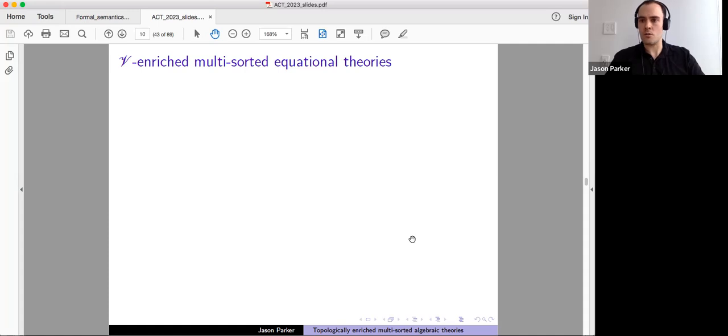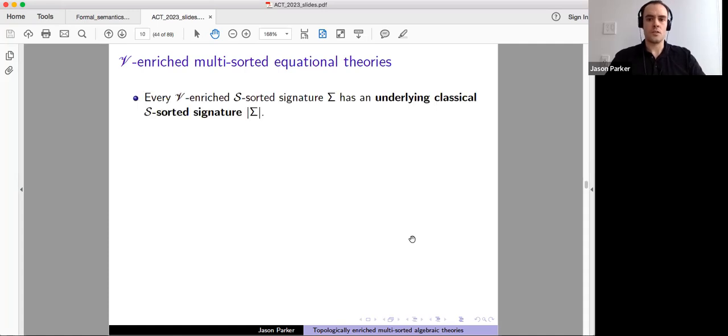We can now talk about the theories. To do that, first we have to talk about underlying classical signatures. So every V-enriched S-sorted signature as before, sigma, has an underlying classical signature, vertical bar sigma.